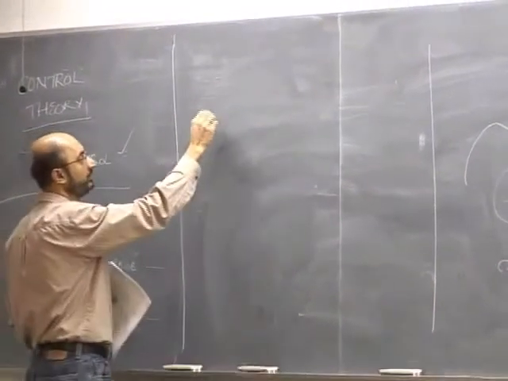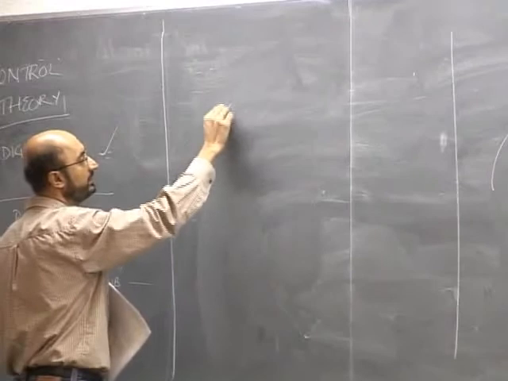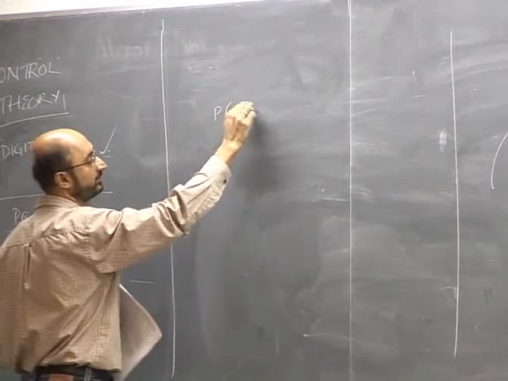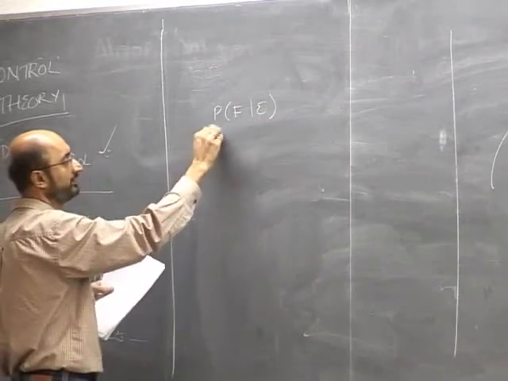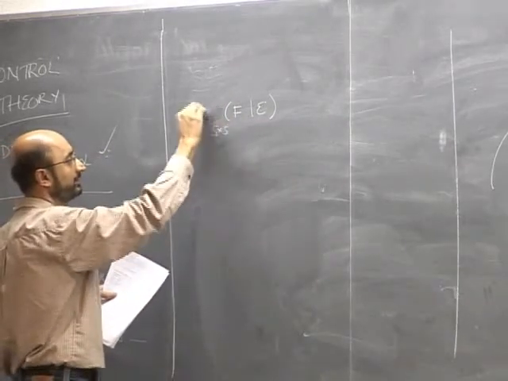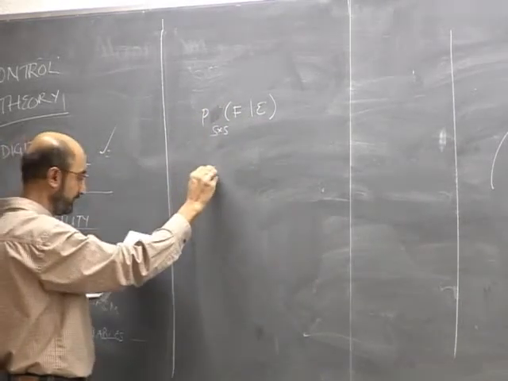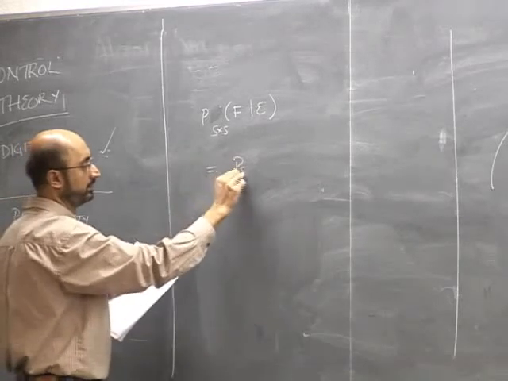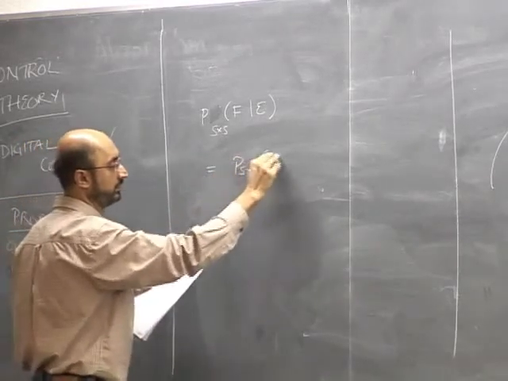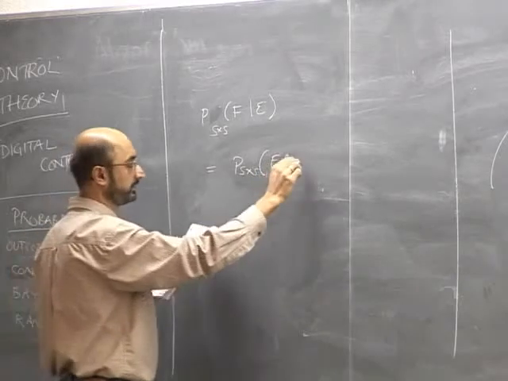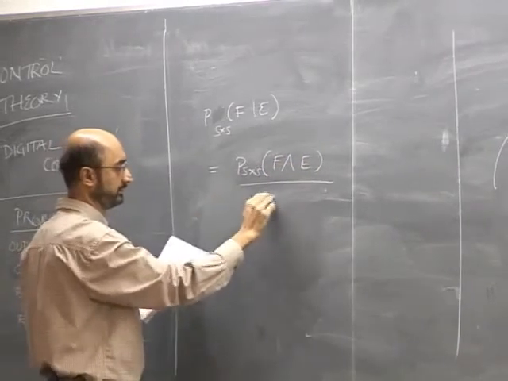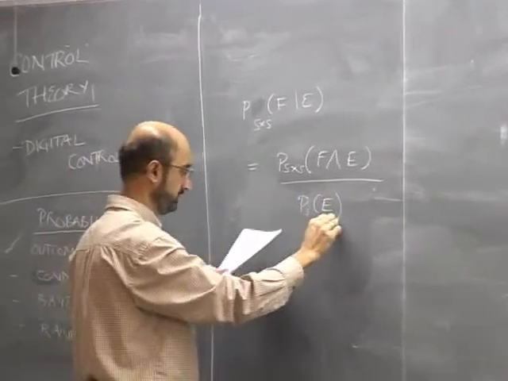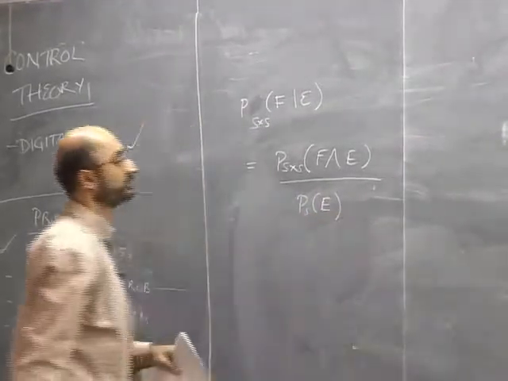So we define, first of all, we say the probability of some event F given some event E, on this joint space S cross S, is given by the probability of F and E over the probability of E. Okay, so this is the definition.